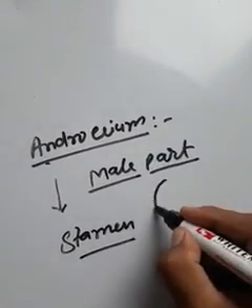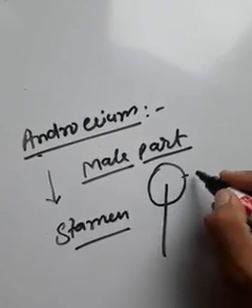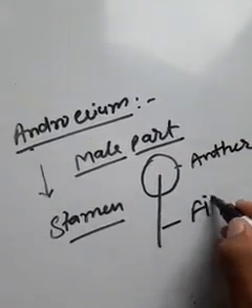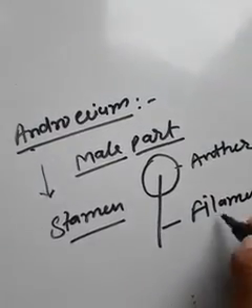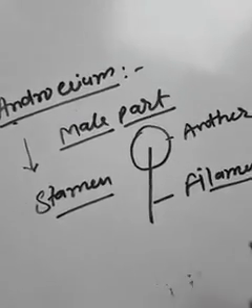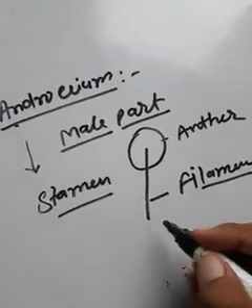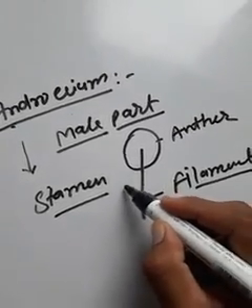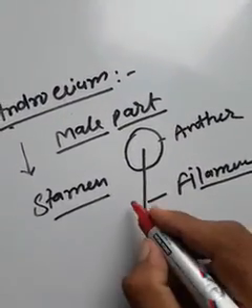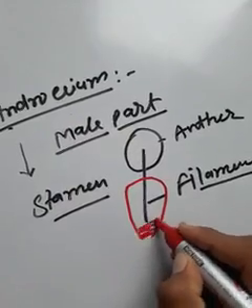In a stamen, how many parts? Two parts. The lobe-shaped structure is known as the anther, and the filament is present here. And that stamen may sometimes be attached to the petals, any petals of any flower.